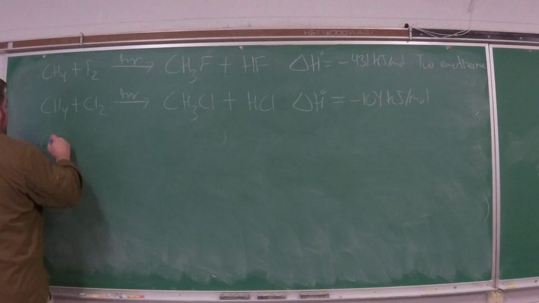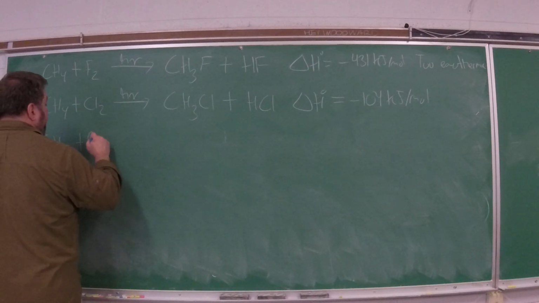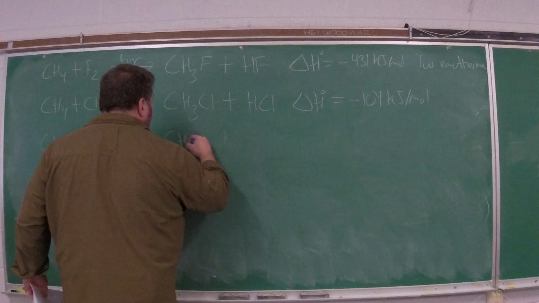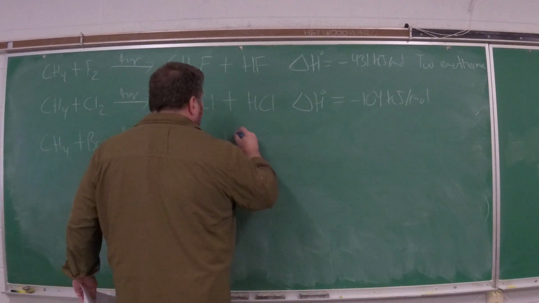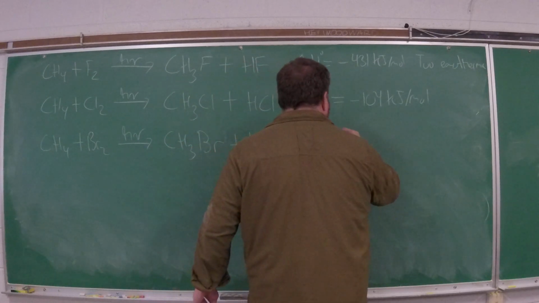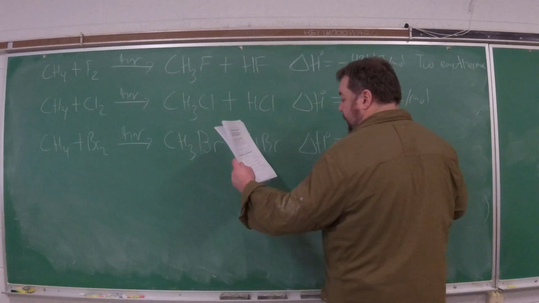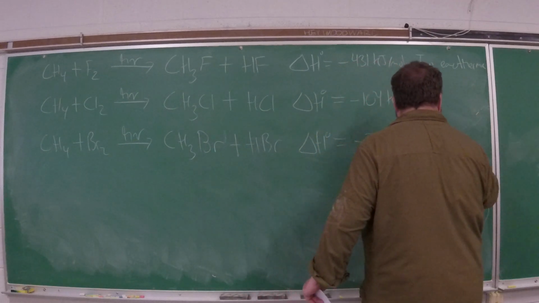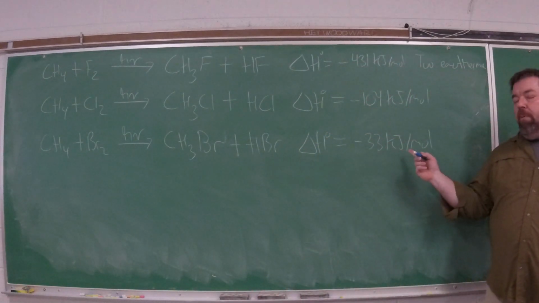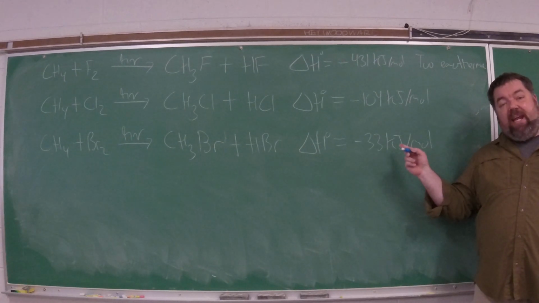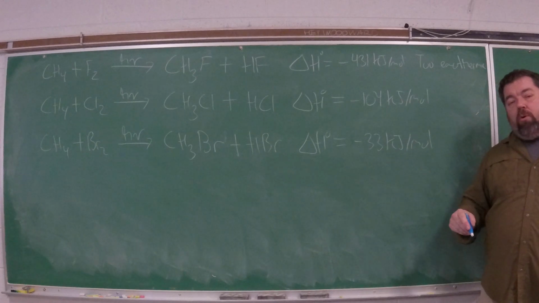So you get bromination. Delta H here is only going to be negative 33 kilojoules per mole. So again, remember, delta G equals approximately delta H. So this reaction is still spontaneous, but not as spontaneous as the chlorination, right?